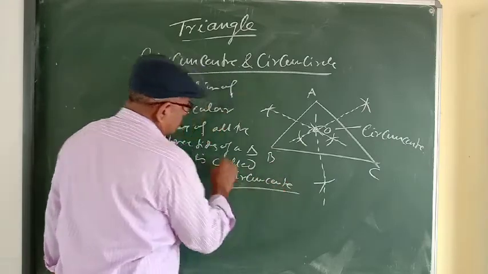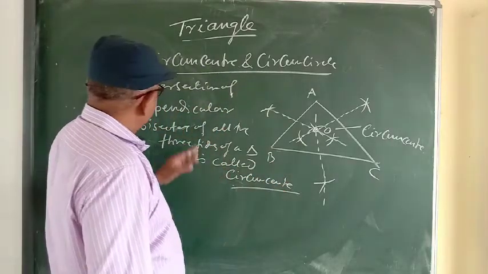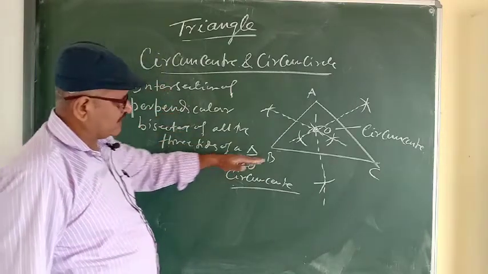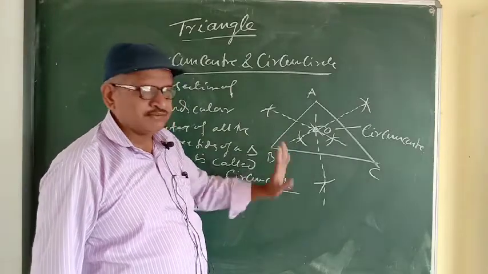So the intersection of perpendicular bisectors of all the three sides of a triangle is called circumcenter.